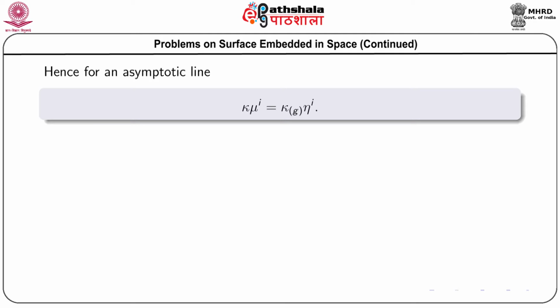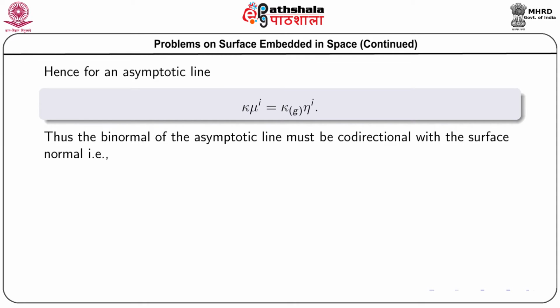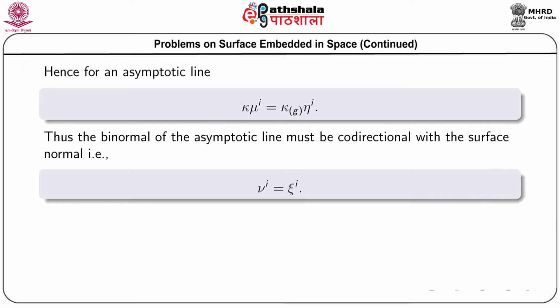Hence, for an asymptotic line, we have kappa mu I equals kappa g eta I, because kappa n is 0. Thus, the binormal of the asymptotic line must be codirectional with the surface normal. So, we can write mu I equals xi I.